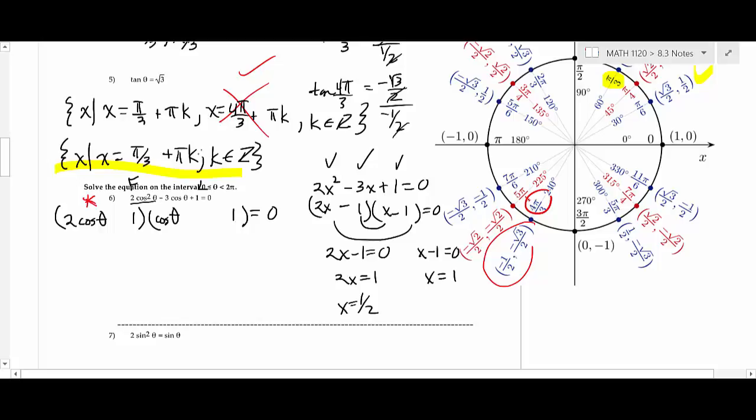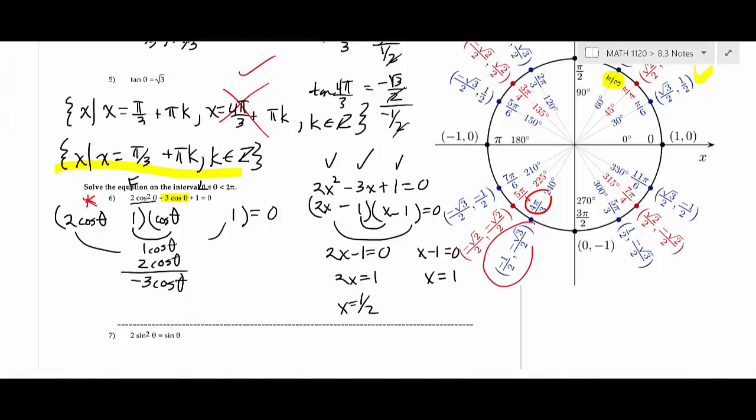Then the middle term is negative 3 cosine theta. You can do this in your head, but you're FOILing. The inner term would be 1 cosine theta, and the outer term would be 2 cosine theta, and you want those to add up to negative 3 cosine theta, right? How do you make 1 and 2 add to negative 3? Two negatives, right? So you would have a negative there and a negative there, and that's your factoring.